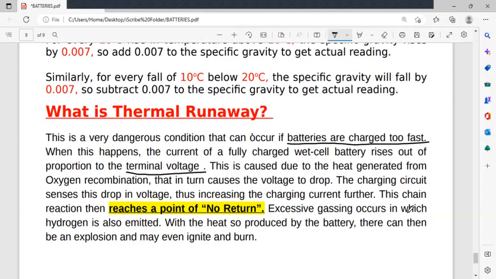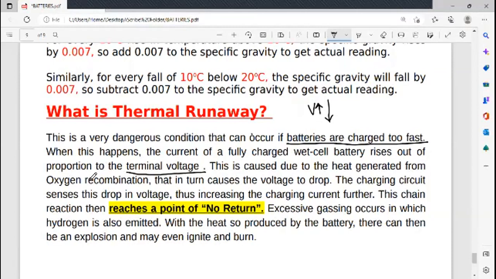So what happens when that happens? Okay. This is due to the heat generated from oxygen recombination, that in turn, instead of causing voltage to increase, actually causes voltage to drop.